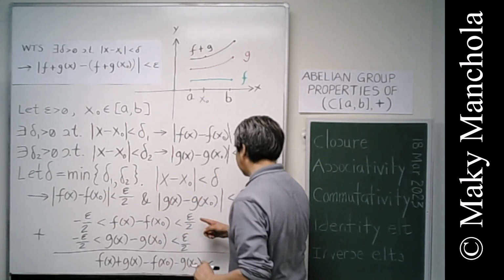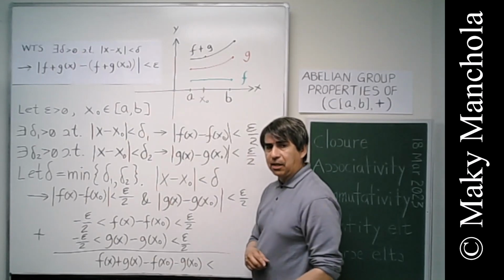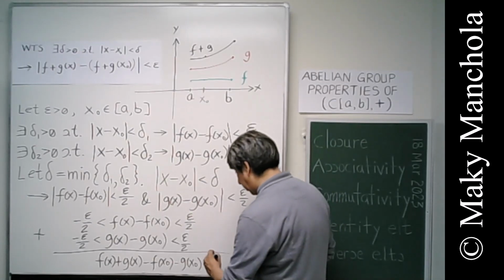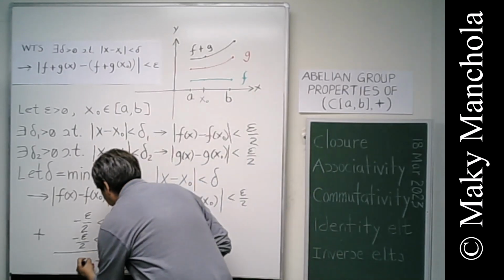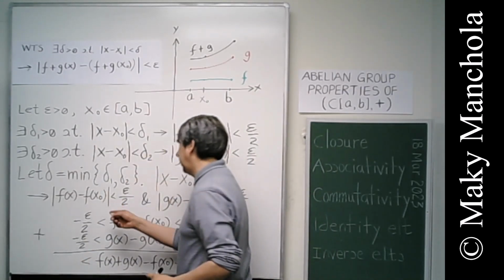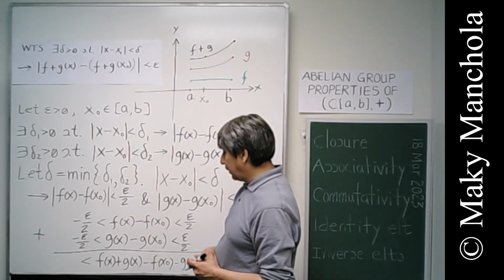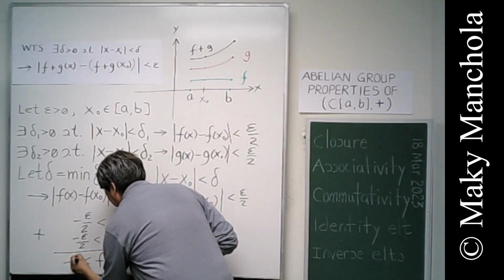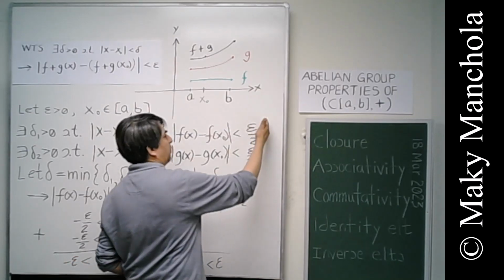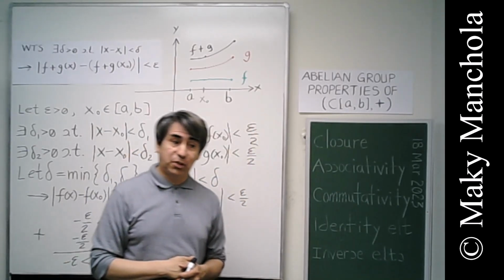Now that's less than epsilon over 2 plus epsilon over 2, which is epsilon. And at the same time, that is greater than negative epsilon over 2 plus negative epsilon over 2, which is negative epsilon. And as mentioned earlier, now we know why we picked epsilon over 2.